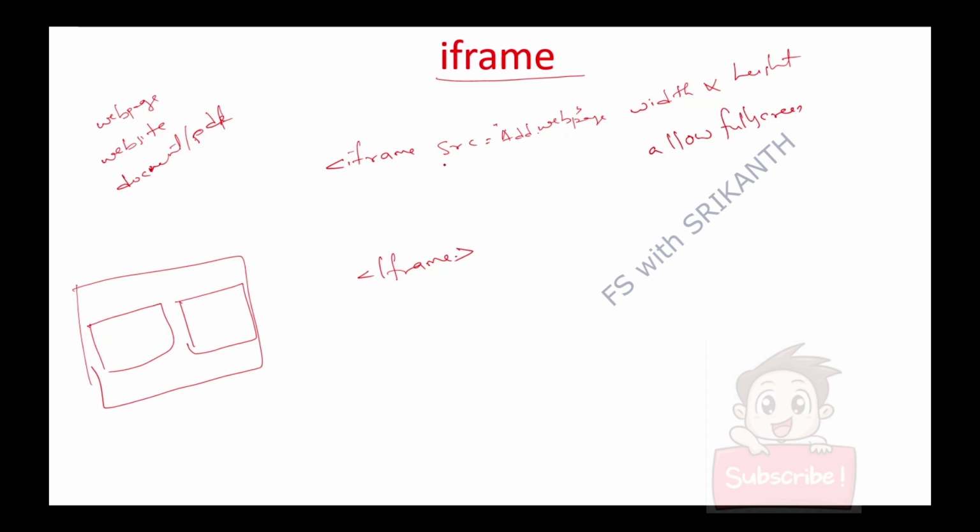With the help of the SRC attribute, we may provide a web page address, either a website address, or a document or PDF address. Keep one thing in mind: some web pages, some websites, refuse. It means we need to update X-frame options on the website, and X-frame options are only known to that particular website's owners. Suppose we are adding www.google.com in the SRC attribute.